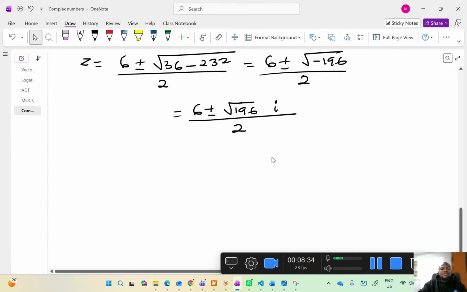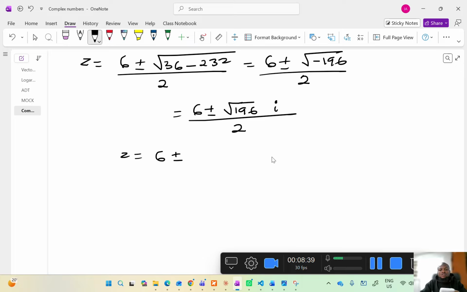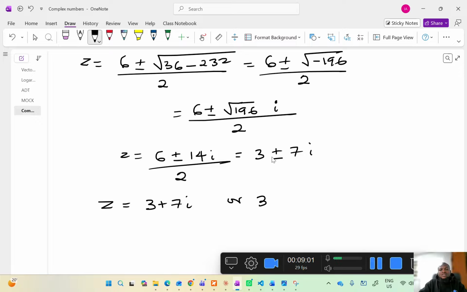So now z is equal to 6 plus or minus, the square root of 196 is equal to 14, so this becomes 14i divided by 2. So 6 divided by 2 is 3, plus or minus 14 divided by 2, which is 7i. So that means the roots of this equation are 3 plus 7i or 3 minus 7i. So this is just a complex number. I hope this is well understood.